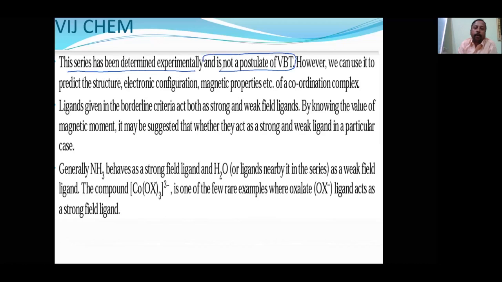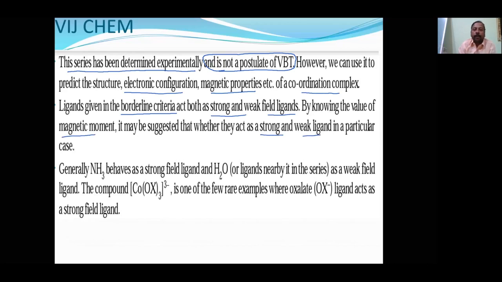In chemical bonding we have already studied valence bond theory, lone pair, bond pair, where we predict the structure, electronic configuration and magnetic properties of a coordination complex. Ligands in the borderline category can act as both strong field and weak field ligands, and by knowing the values of magnetic moment, we can tell whether it acts as strong field or weak field.